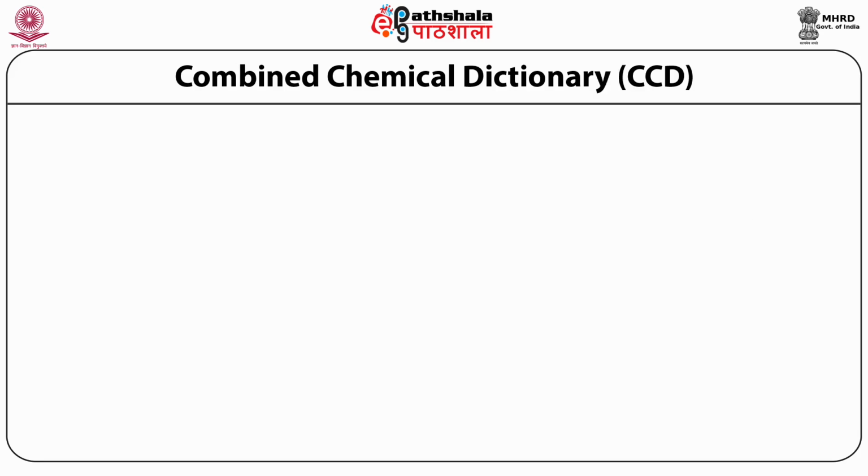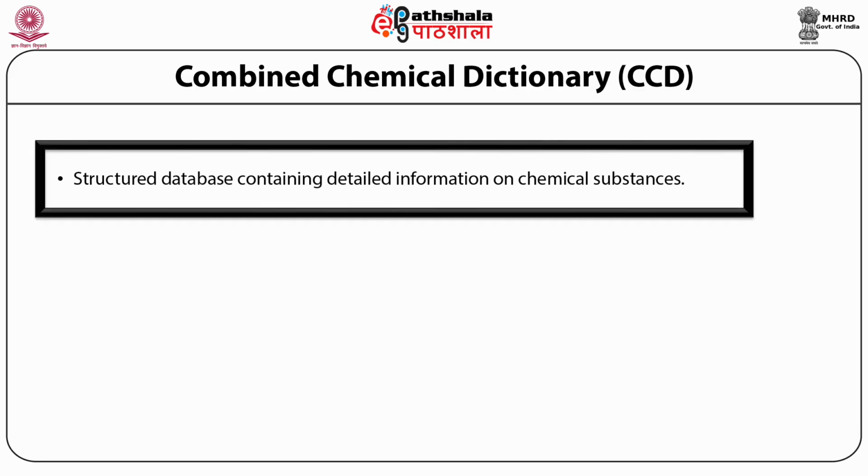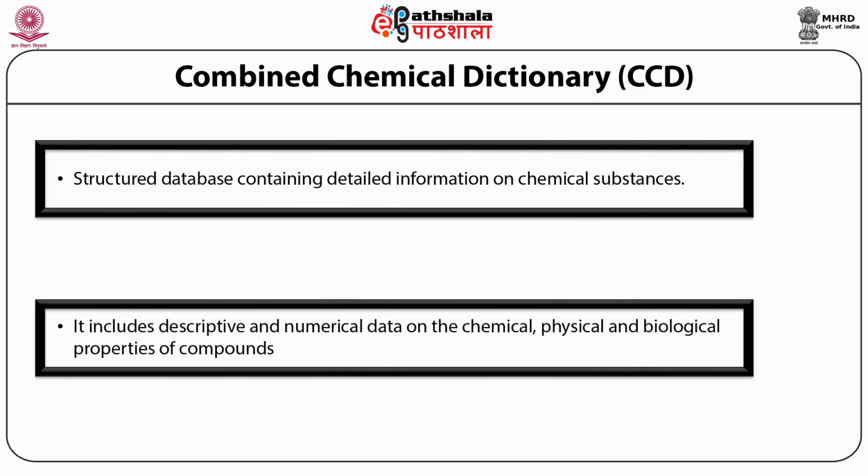This dictionary is a structured database that contains detailed information on chemical substances. It includes descriptive and numerical data on chemical, physical, and biological properties of the compounds. Also, the systematic and common names of compounds are given. The literature references, the diagrams, and their associated connection tables are also given.